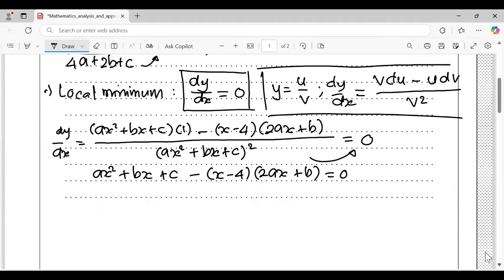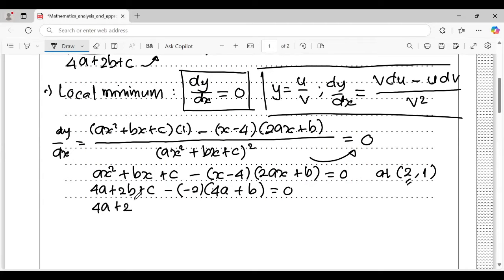Okay, and the local minimum coordinate point is at 2, 1. So it means x equals 2. If we substitute x equals 2 into this equation, it becomes 4a plus 2b plus c minus 2 times 4a plus b equals 0.